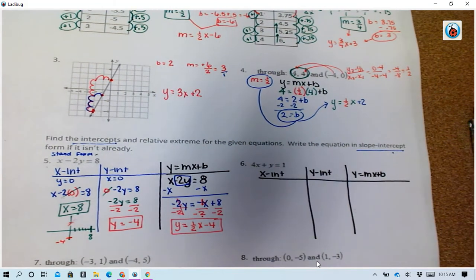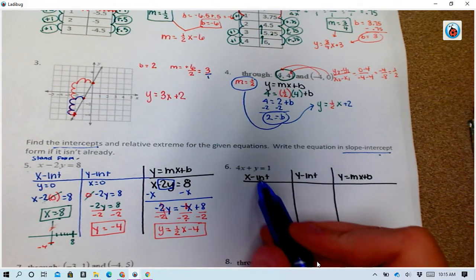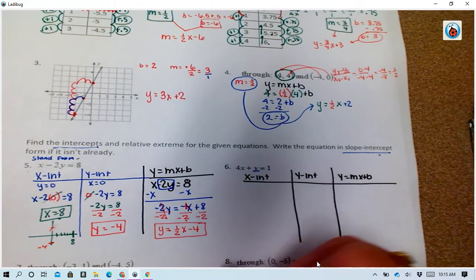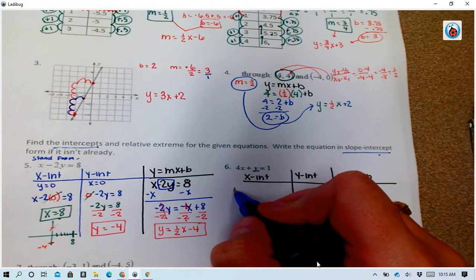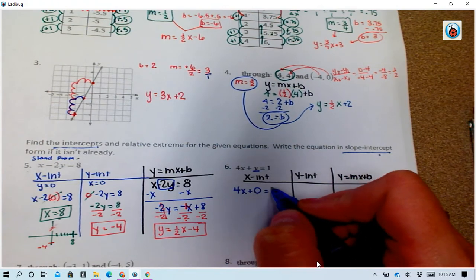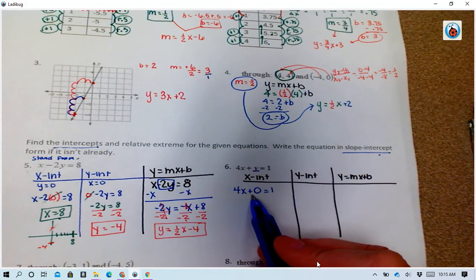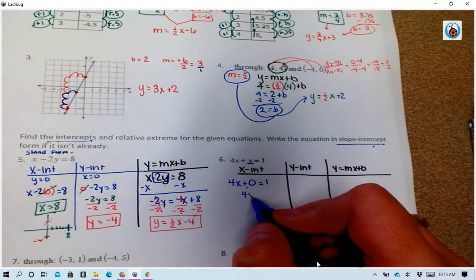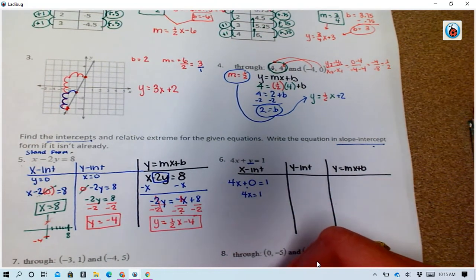Finding your x-intercept. That means into this equation, wherever y is, I'm going to plug in a 0. So I'm going to have 4 times x plus 0 equals 1. Well, plus 0 doesn't help me at all, so I'm just left with 4x equals 1. Divide by 4.